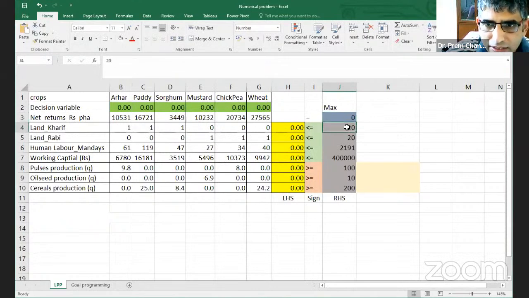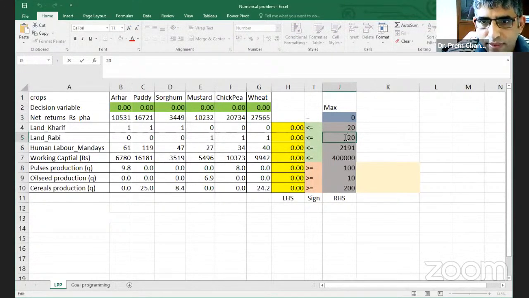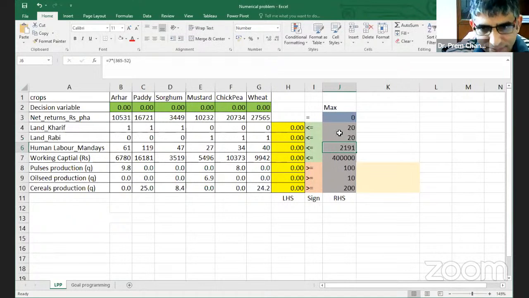I said that he has only 20 hectares of land. So I have put 20 and 20, since it will be available in both seasons. And then I said that he has 7 permanent labors with 1 off day in a week. So I multiplied 7 with 365 minus 52, meaning one day off in a week.